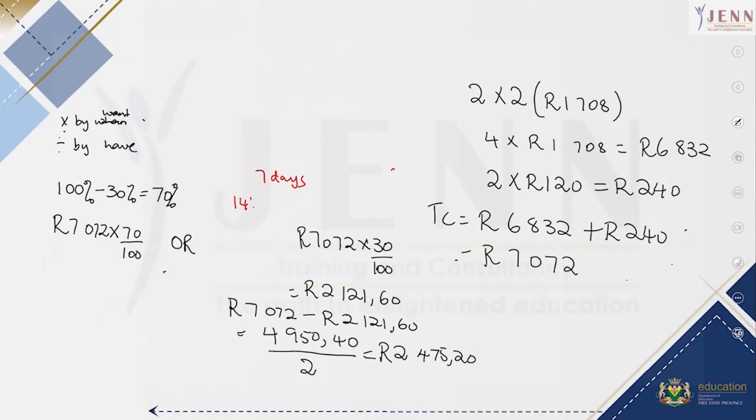I love this method because it will take you straight to the answer. So the answer will be 4,950 rand 40 cents. That's the contribution of Mpho and Refilwe. Remember, they are going to share that amount, so they split it among themselves. So each person will pay 2,475 rand 20 cents.